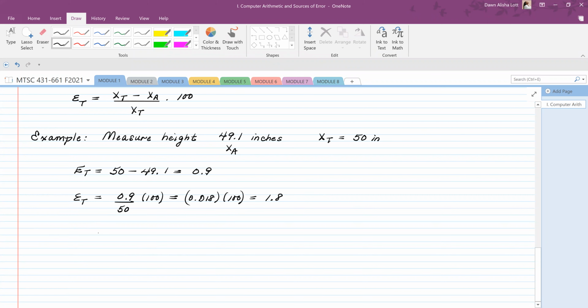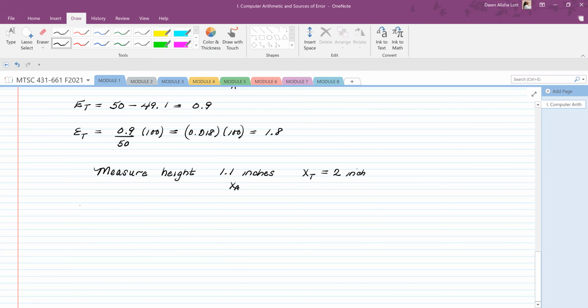But now if I was to measure a height, and I got 1.1 inches, and its true value is 2 inches, then my true error is equal to 2 minus 1.1. So that's still 0.9. So it looks like they basically have the same kind of error.